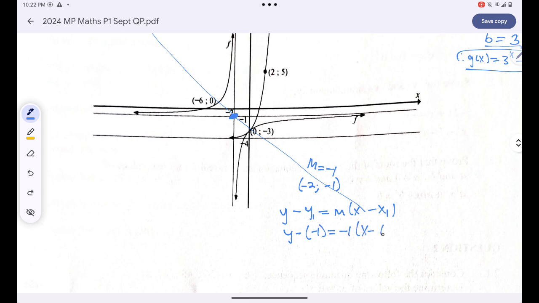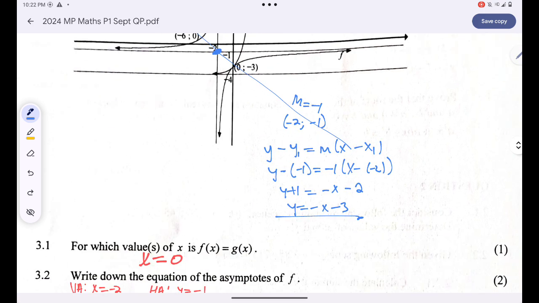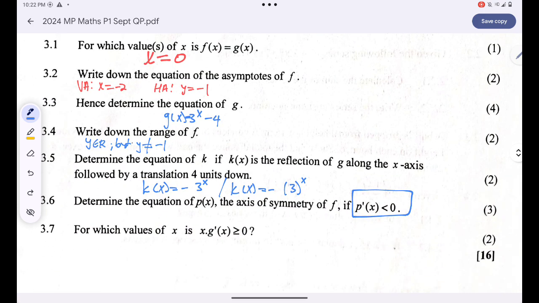And then x1, that's -2. Y plus 1 is equal to negative x minus 2. And then y is just negative x minus 3. So the equation of p of x, which is the axis of symmetry, is just negative x minus 3.